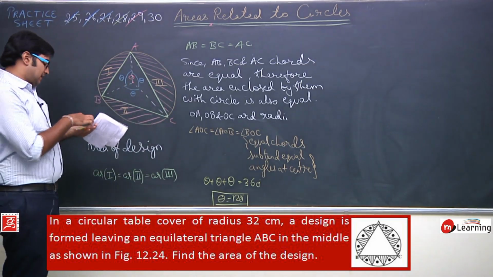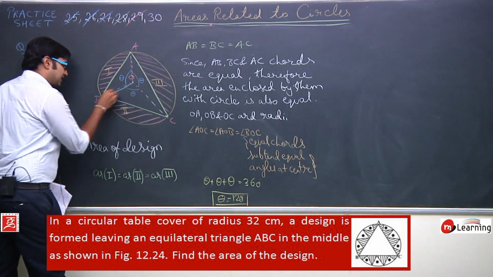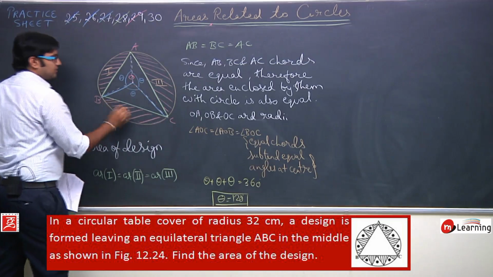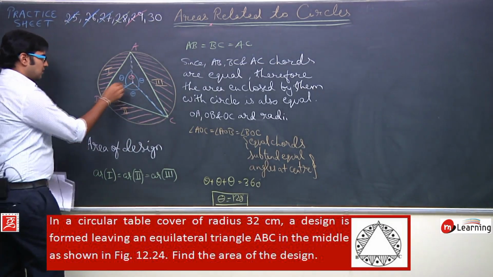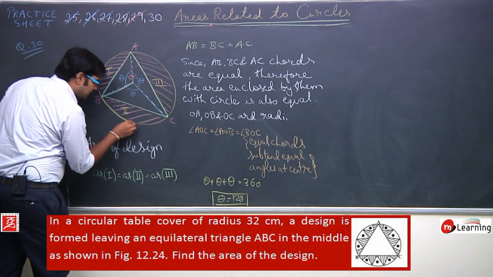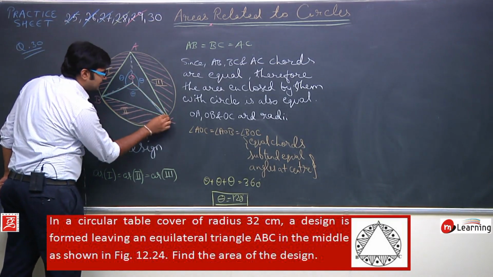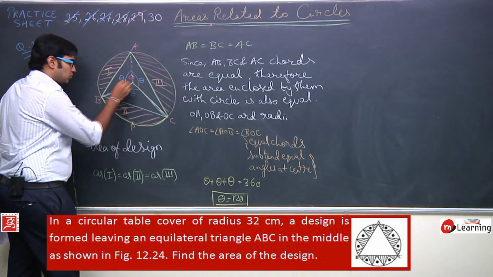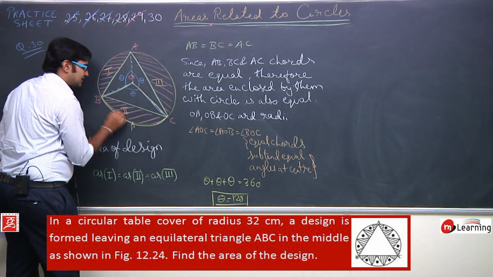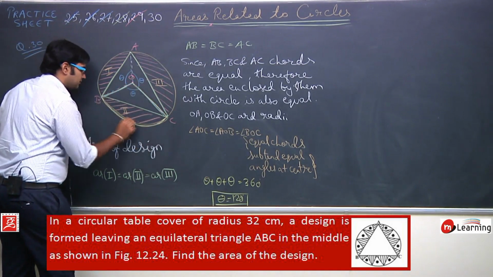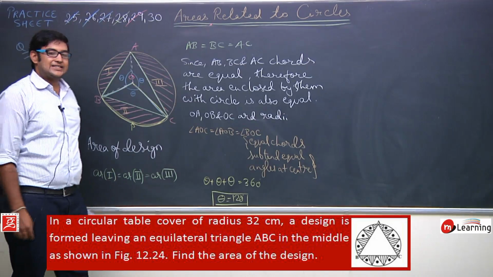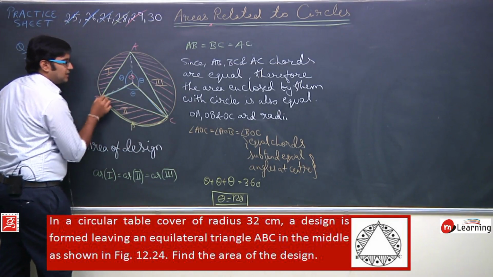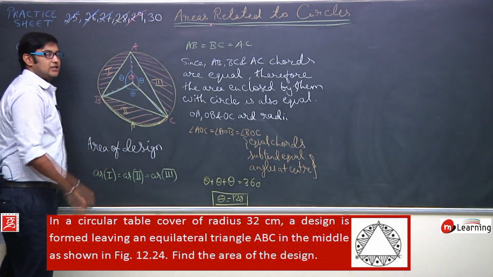So if you consider these two radii, OB and OC, OBC is a sector, or let us name this point P. So OBPC is a sector, and BPC, this region, is the segment, also known as region 2.